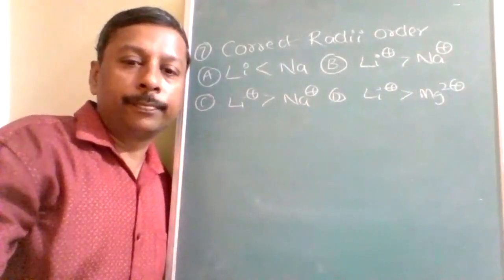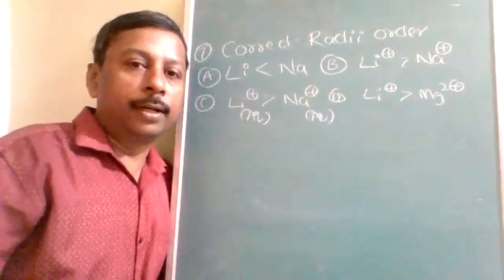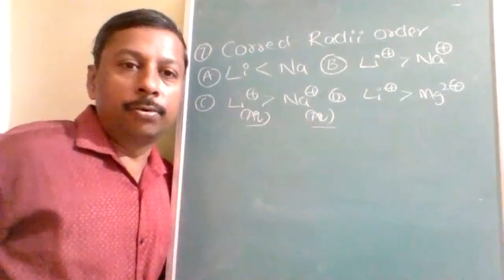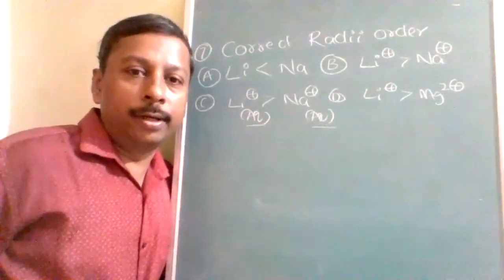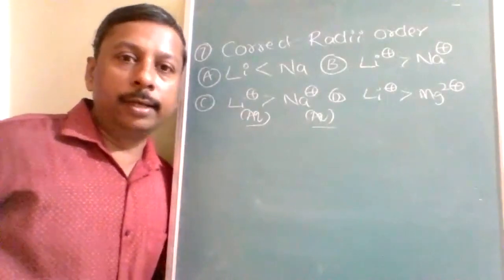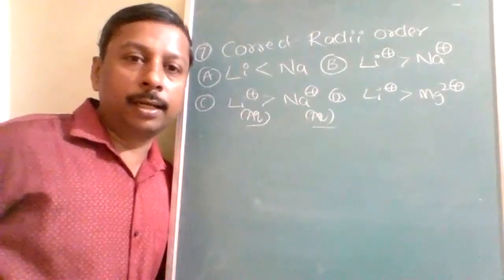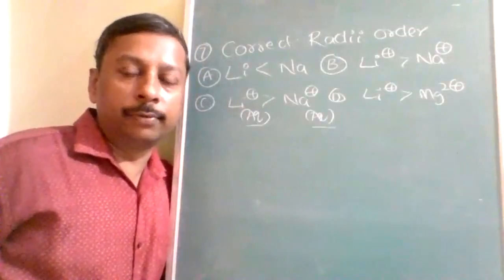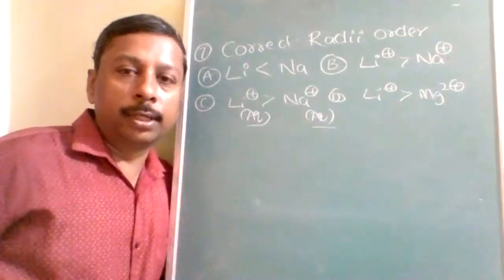Okay, here I forgot to write aqueous. In aqueous, if it is mentioned, you have to take the hydrated ionic radii. If it is non-aqueous, you will take simple ionic radii. After hydration, whatever the ion forms, that radius you have to consider.